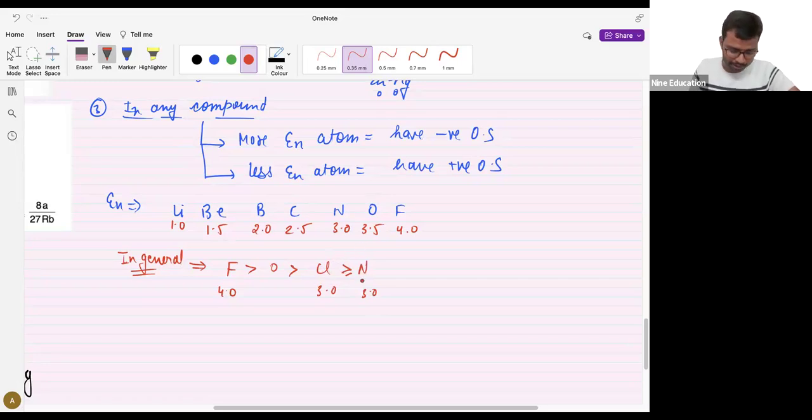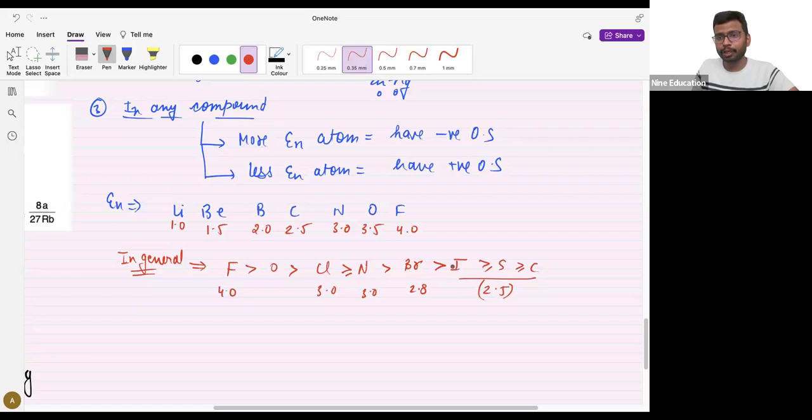What about the differences? Next, after this you remember bromine, then after bromine is 2.8, then you have iodine. All of these were 2.5, but you have to give more preference to iodine.